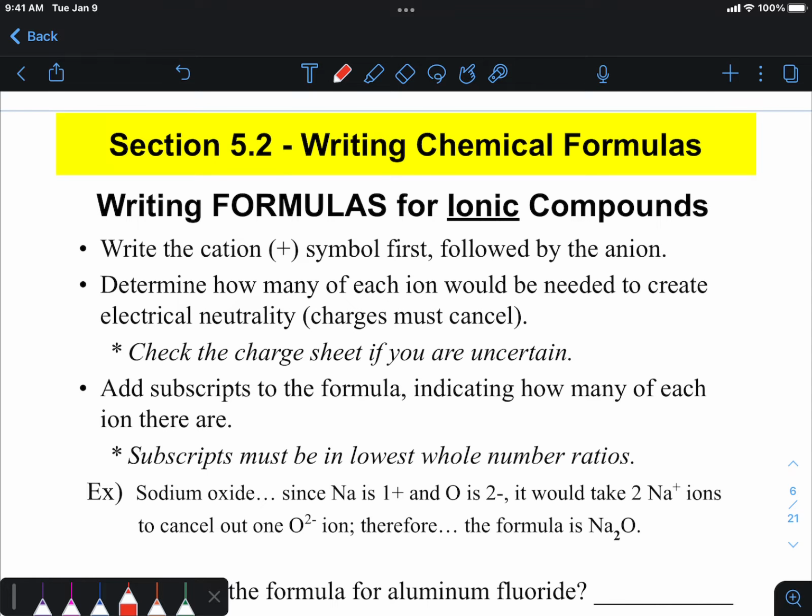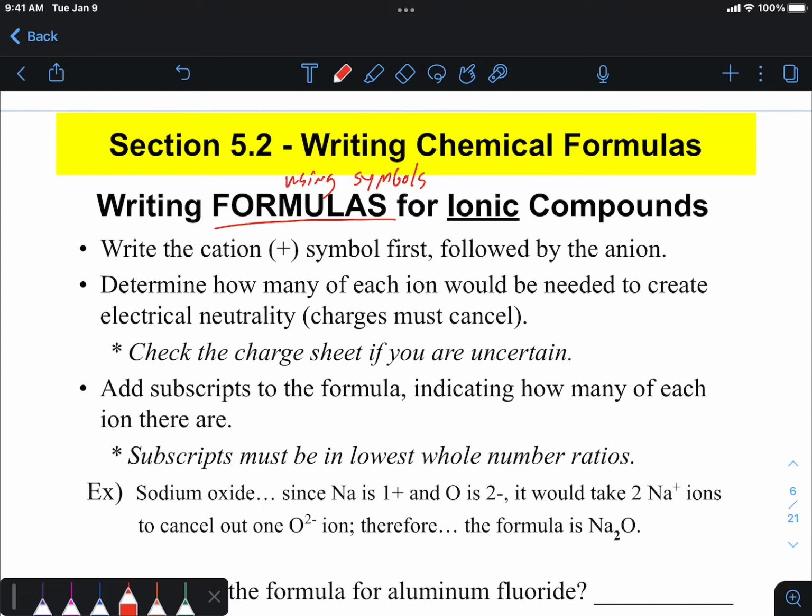Okay, since we learned how to name an ionic compound, let's learn how to write an ionic compound. They go hand in hand. So when you write a formula, remember the formula is using the symbols that are on your periodic table.